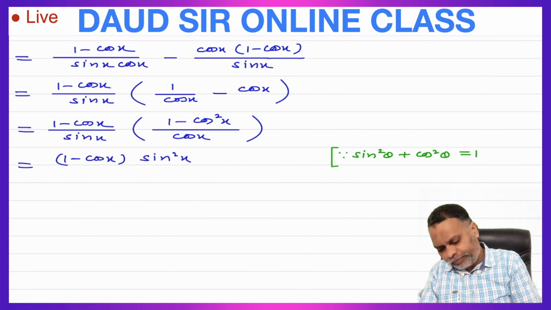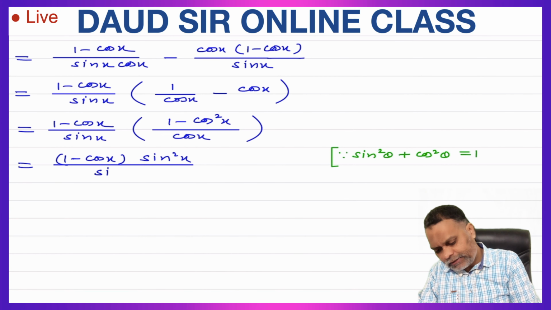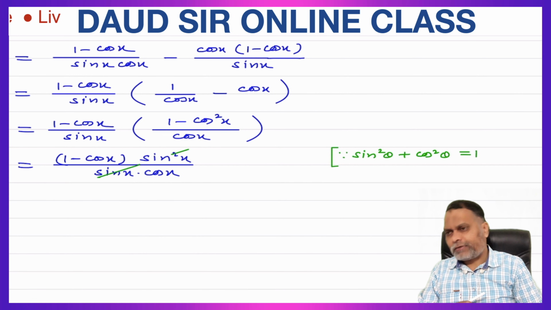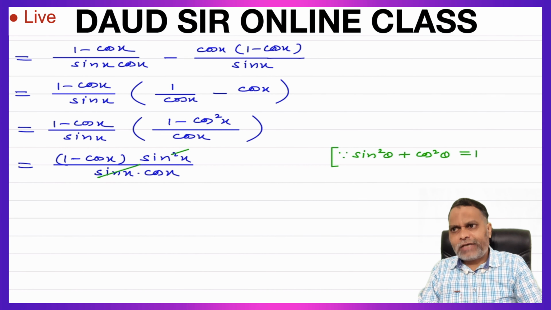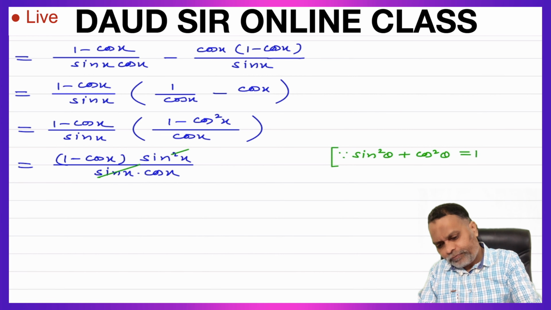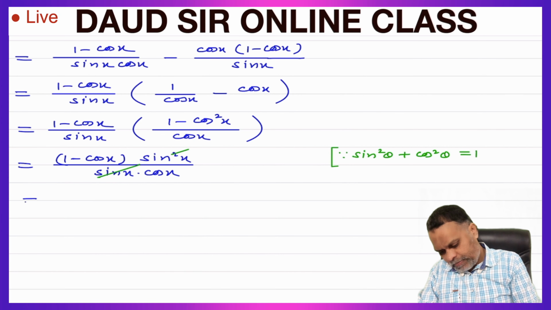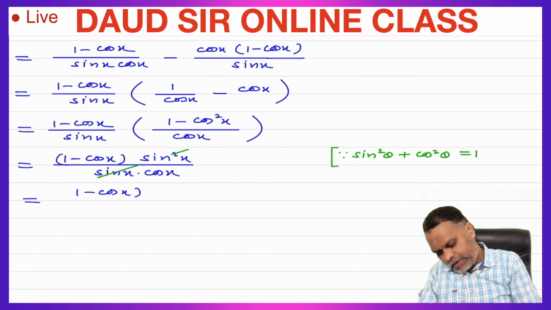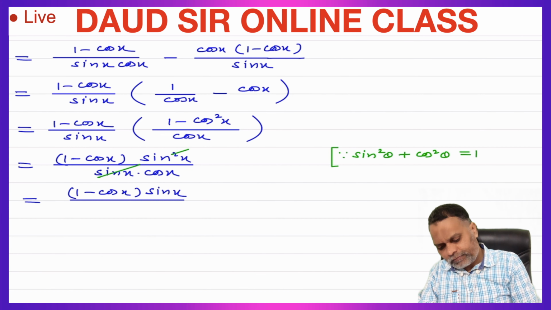And upon this sin x into cos x. Now this square and this sin x, because we can write sin square x as sin x into sin x, so one sin x we can cancel. Now here 1 minus cos x left into sin x upon cos x.